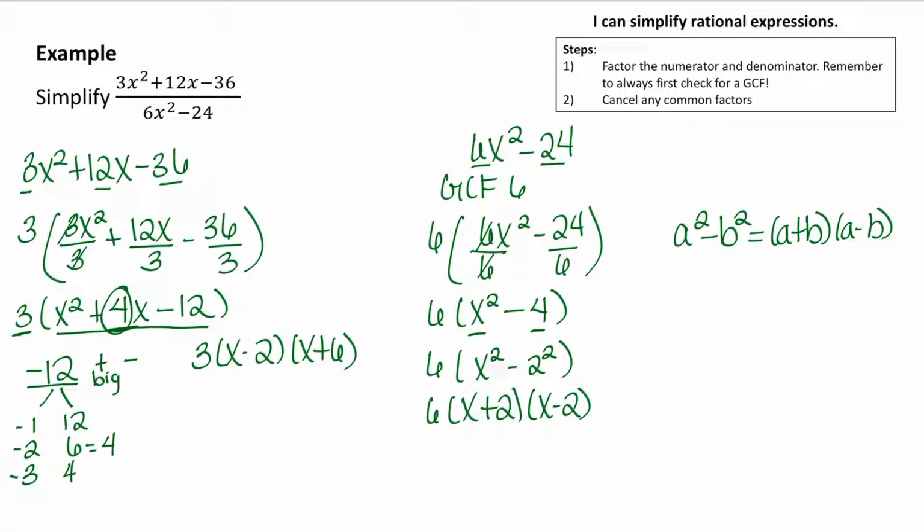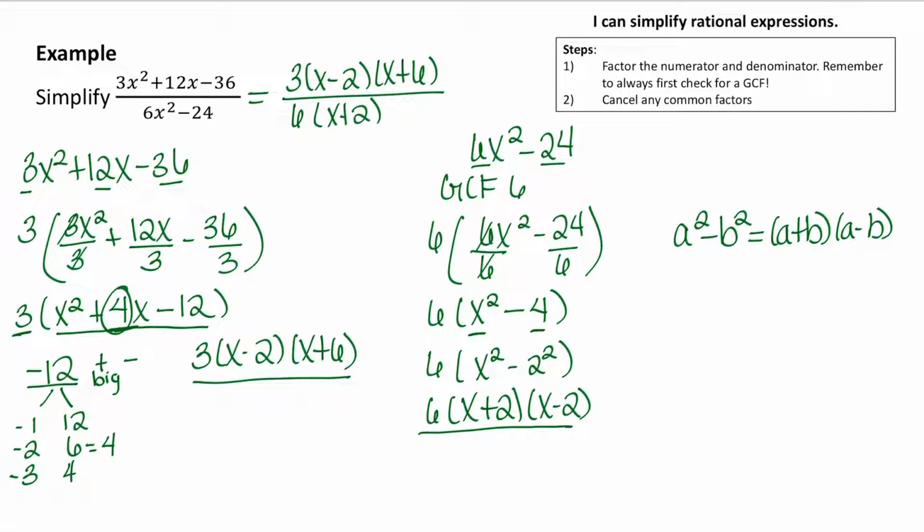So now we have the fully factored numerator and we have the fully factored denominator. So now let's rewrite this expression. So we have 3 times x minus 2 times x plus 6 over 6 times x plus 2 times x minus 2.